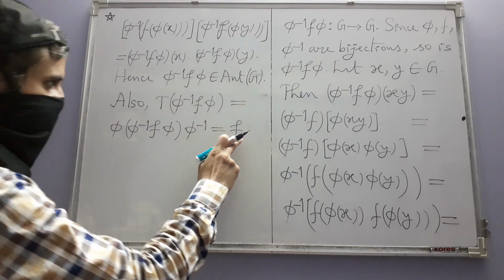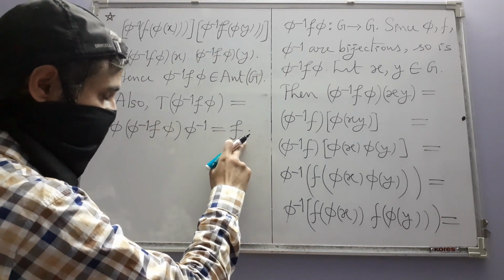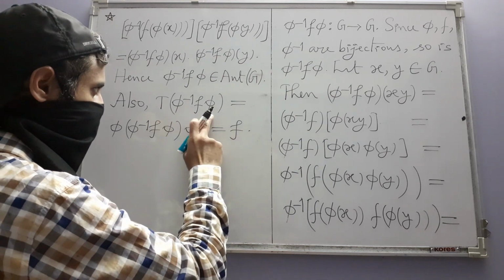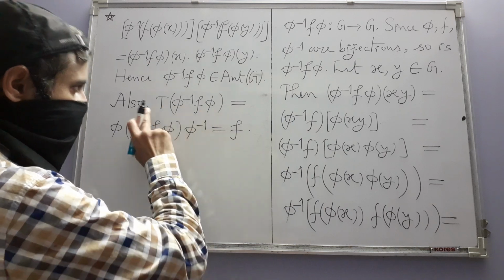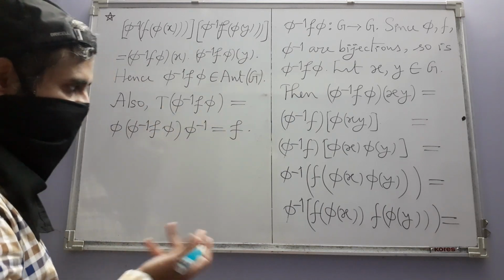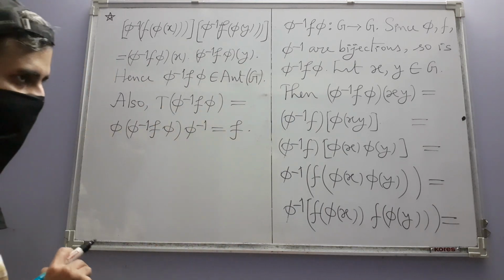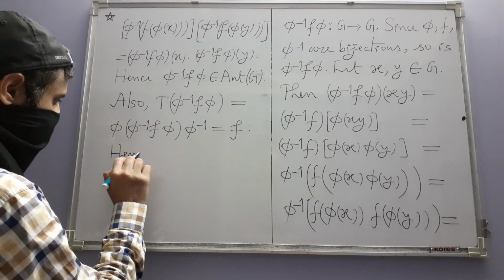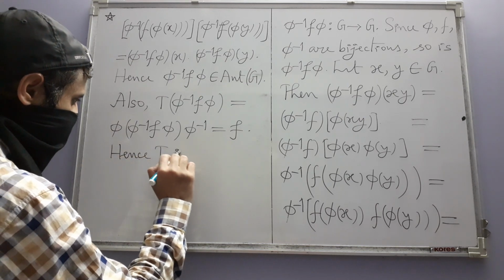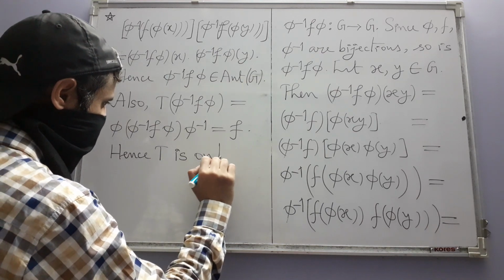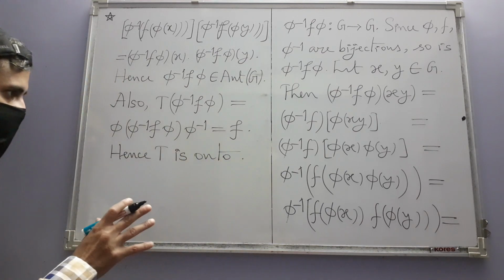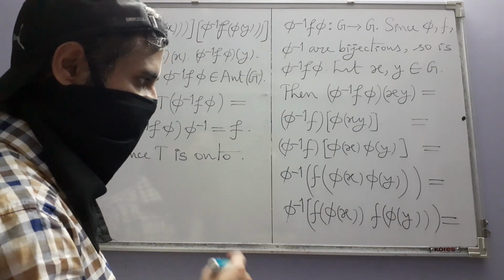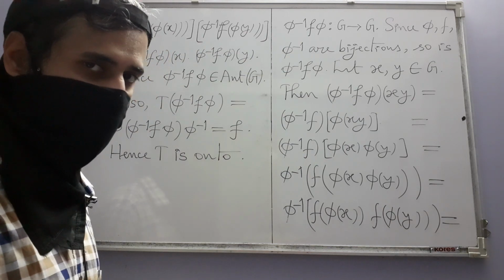For a given automorphism of H, small f, we have found an inverse image under T. So that just proves that capital T is onto. So we have proved that capital T is one-to-one and onto.